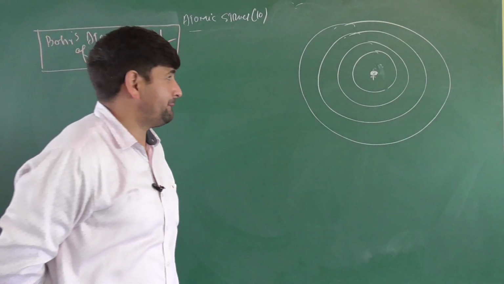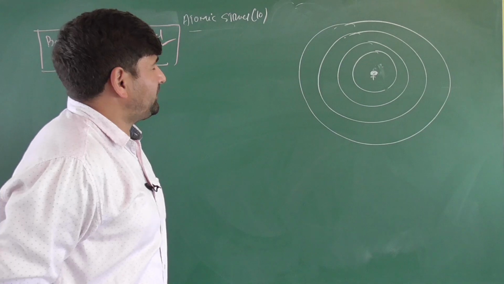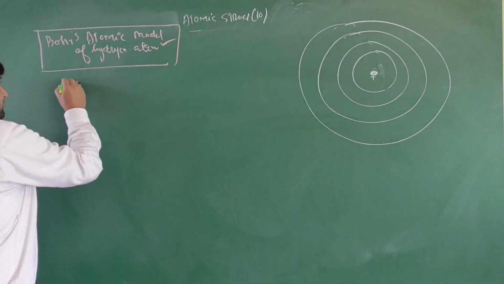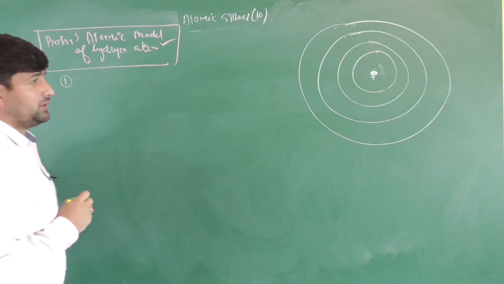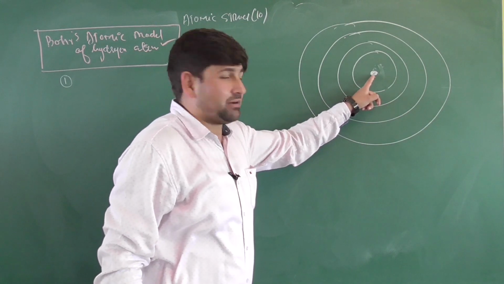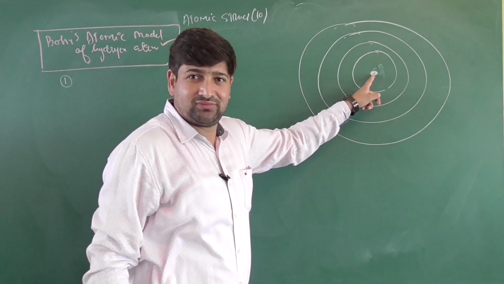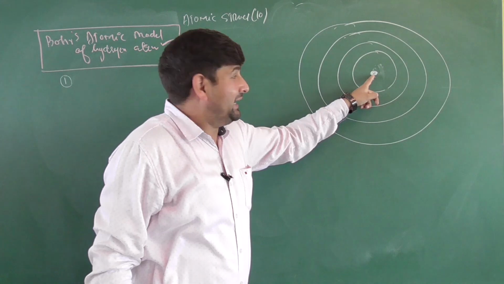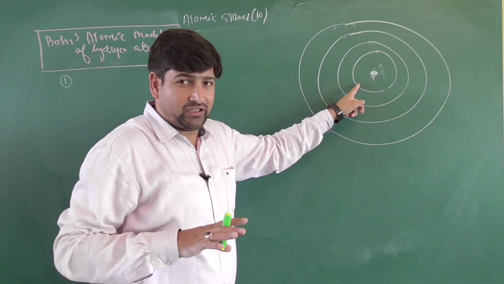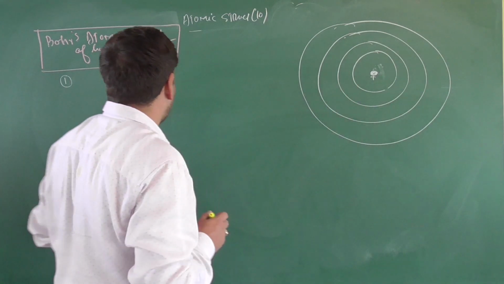Clear, children? The different statements of Bohr's model of an atom are: number one, electrons are rotating around the nucleus in the regions which we already know as orbits.